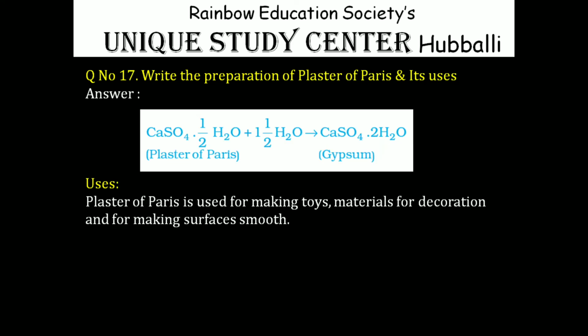Next one, write the preparation of POP, plaster of Paris, and its uses. Here is the chemical formula of plaster of Paris. Generally they will ask you for the chemical formula rather than the preparation.